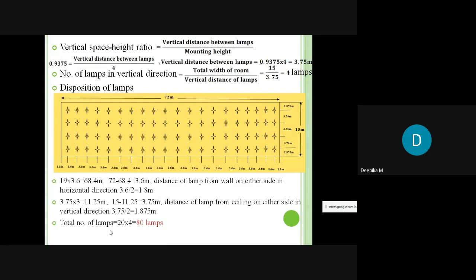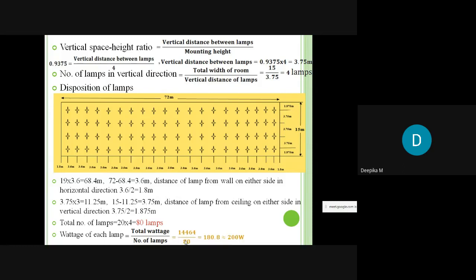So next, how many number of lamps are there? There are 20 rows into 4 columns, which is 80 lamps, or 20 lamps in horizontal direction and 4 lamps in vertical direction, which is 80 lamps. So how do we calculate wattage of each lamp? The total wattage is already calculated. Divided by number of lamps will give you the wattage of each lamp.